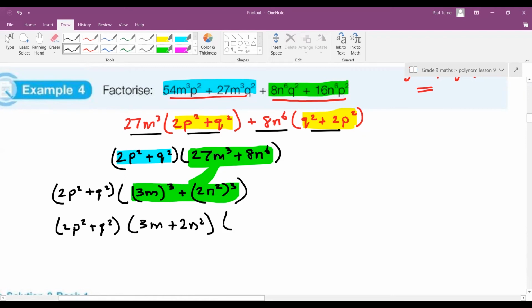And then we will have 3m all squared, which will be 9m squared. So the plus will become minus 3m times 2n squared, 6mn squared. Plus the last term squared, which will be 4n4. I'm just using the rule in my head to write that out.